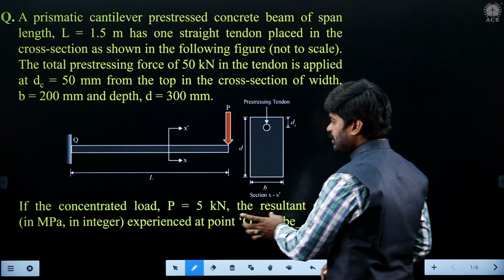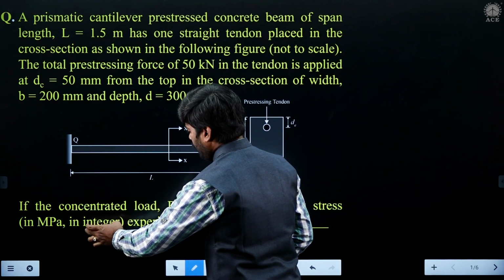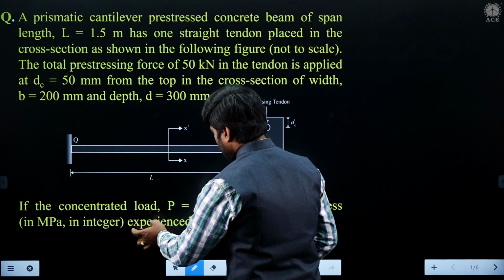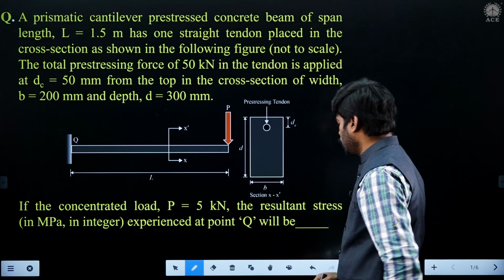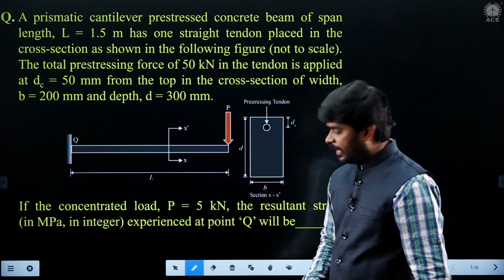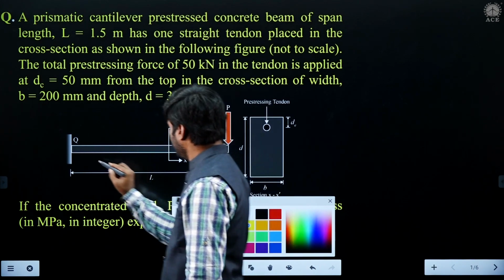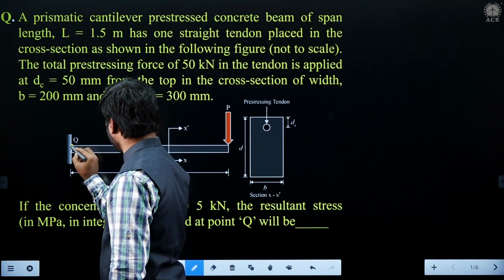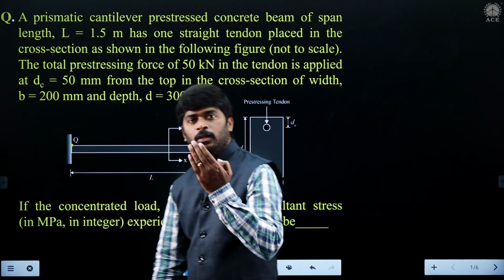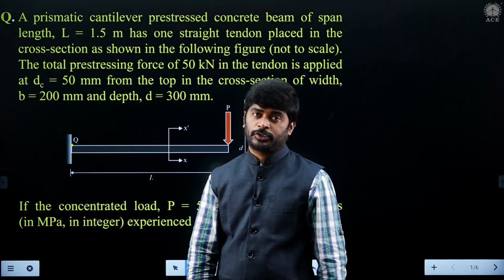The resultant stress in megapascal, in integer, experienced at a point Q will be. Do you identify where point Q is? The point Q will be here, at the top fiber, that too at the fixed support.